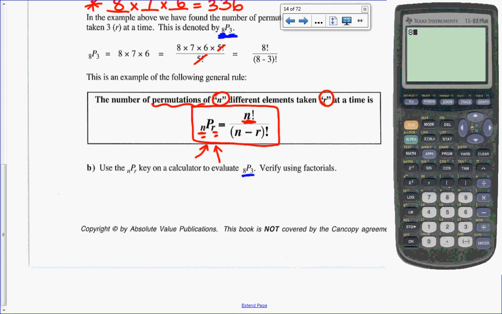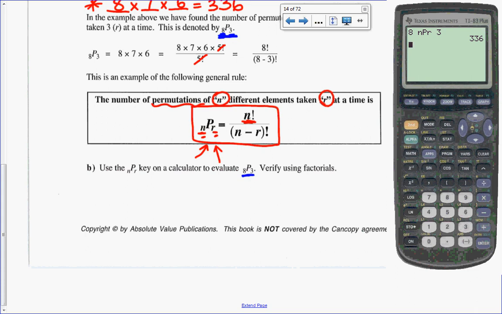So you go 8, then you go math, over to probability, go down to number 2, and now it says 8 nPr 3, equals. And it will tell you what 8 nPr or 8P3 really means.